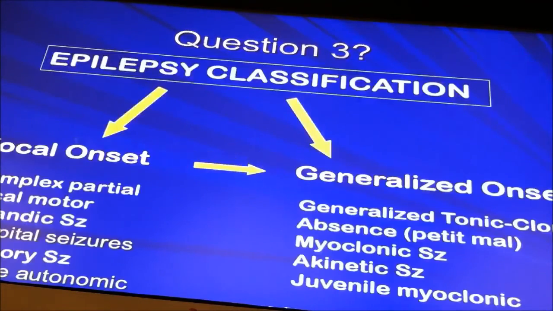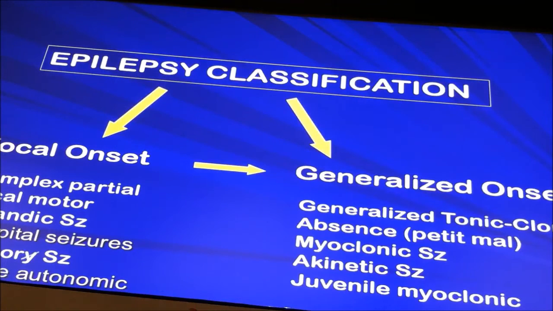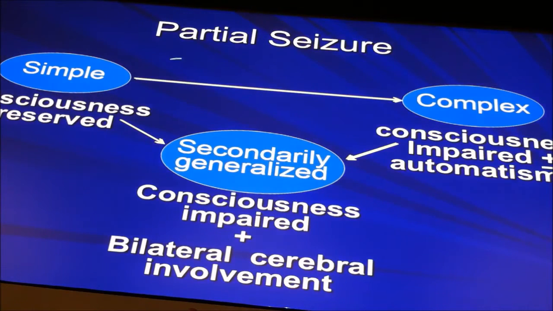Very important. We have focal, we have generalized, okay? Generalized can be absence, myoclonic, akinetic, juvenile myoclonic, okay? And partial can be simple, where consciousness is preserved. I met a lot of people who call it complex because the patient was having hand and leg shaking, but he's completely awake.